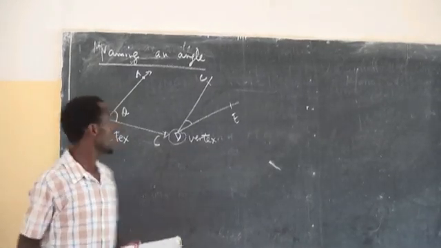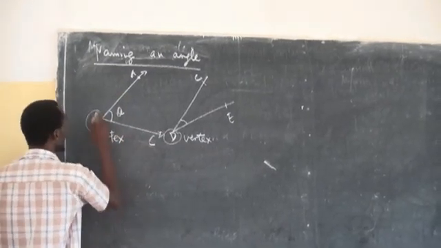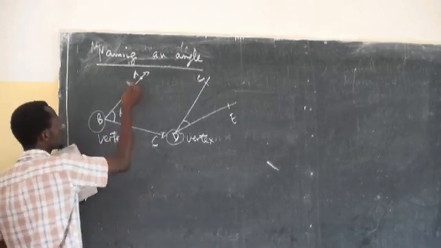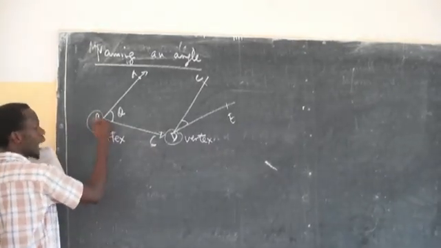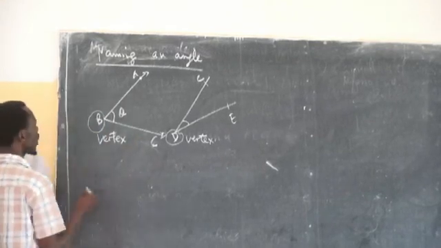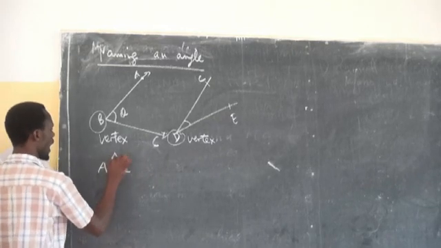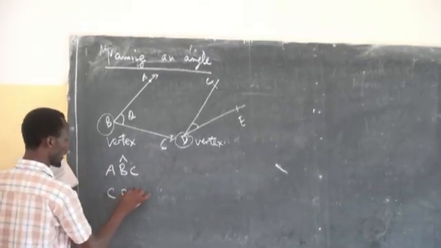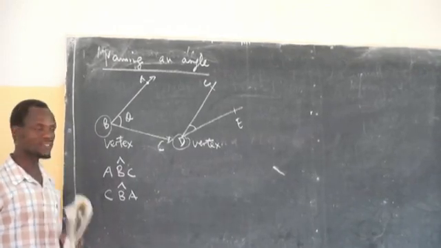You got my point? From here, if I want to name this angle, I may start from here or start from here. But what matters is that letter B is between those two letters. It is possible to write A, B, C for this angle, but also possible to say C, B, A. Why is it possible?